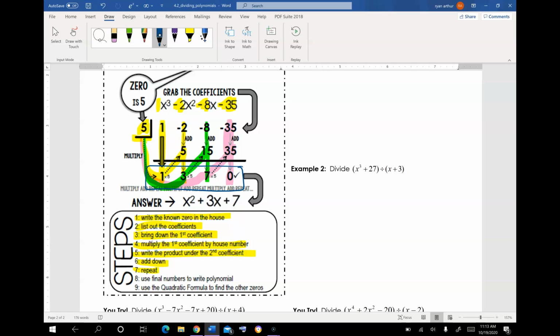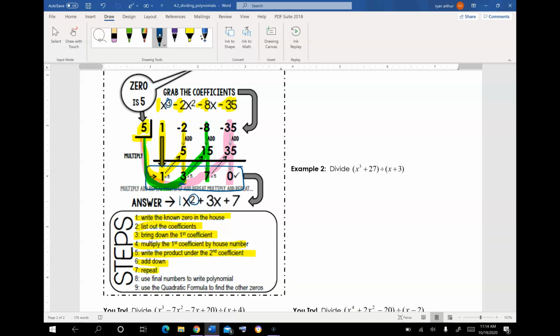When you divide, you're taking an exponent away because we're dividing by an x. So I have to take an exponent away from that 3, and I'm going to start with a squared. Your answer is always 1 less than the original degree for synthetic division. So this is going to be 1x squared plus 3x plus 7.